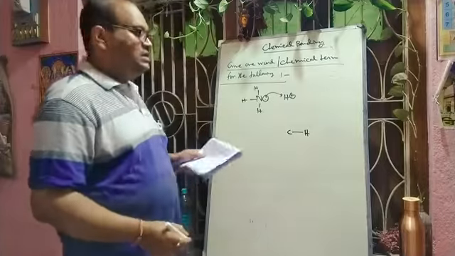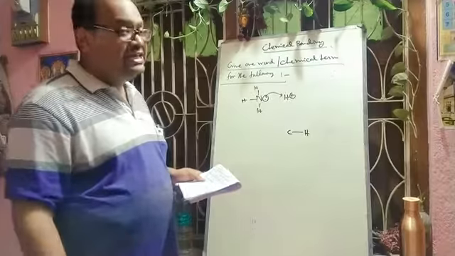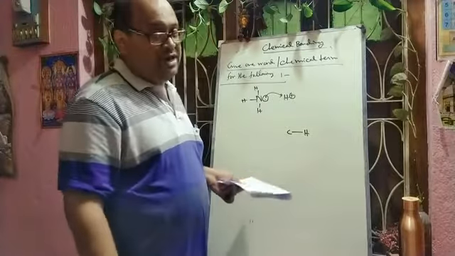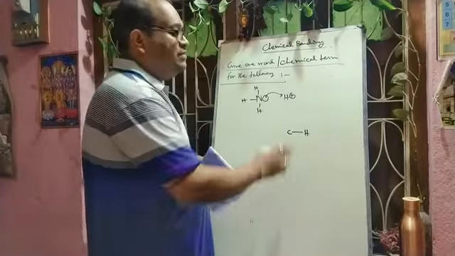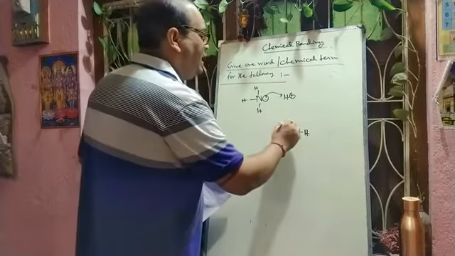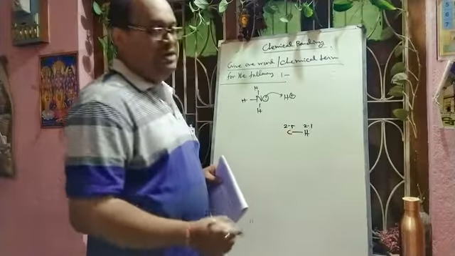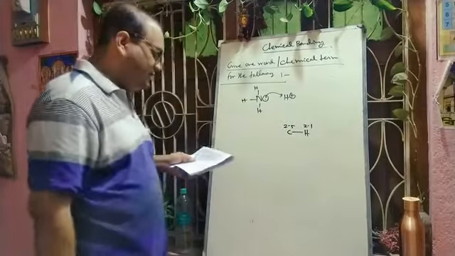Actually this type of bond by itself does not exist, CH4 exists. Is this bond non-polar or polar? That we have to understand. The electronegativity of carbon is around 2.5, and the electronegativity of hydrogen is around 2.1. So the electronegativity difference is very small, but there is a difference.